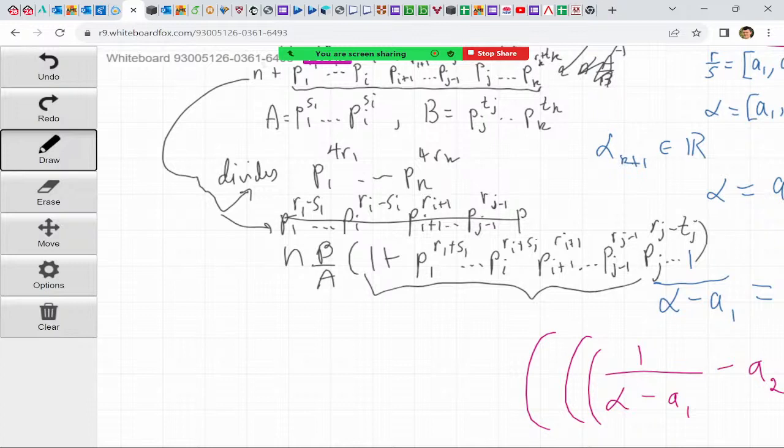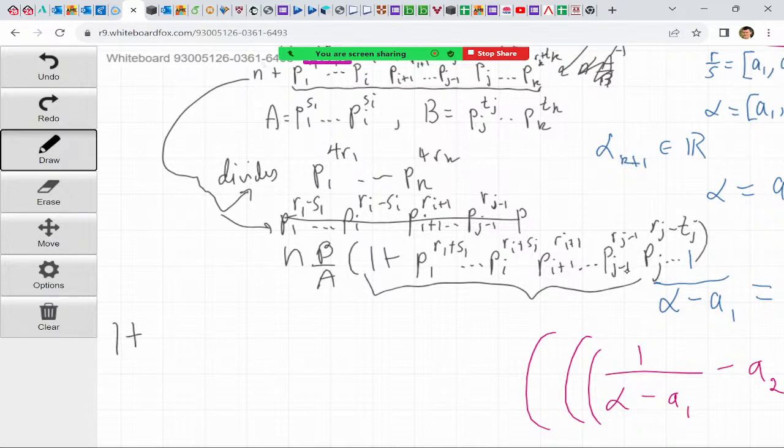I think this kind of thing is difficult to do unless you have the A squared B squared thing in mind. Because basically you get 1 plus this thing, right?